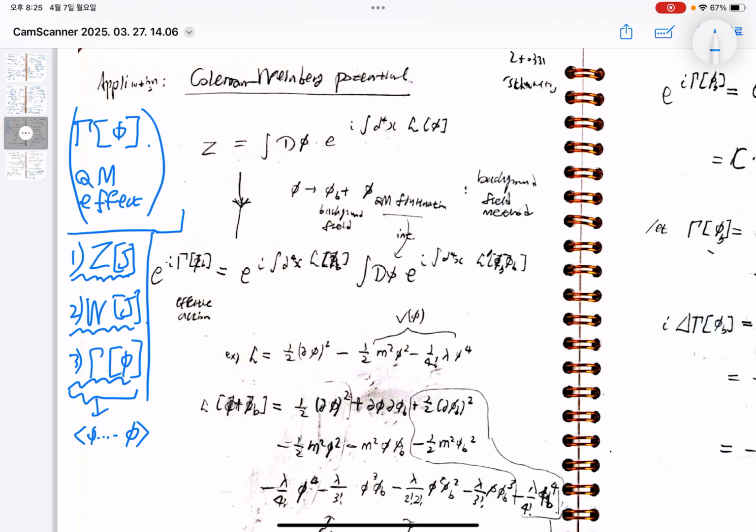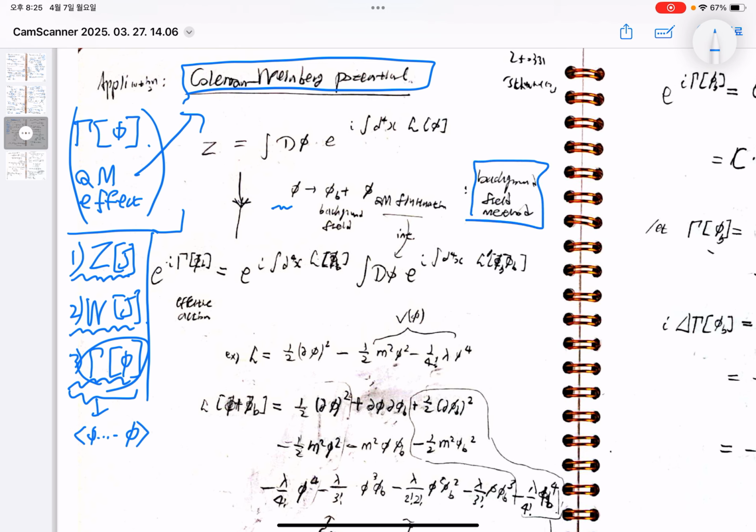And today, we'll talk about the Coleman-Weinberg potential. This effective action includes all the quantum effects, especially the 1PI diagrams. First of all, we use the background field method. We can decompose the quantum field into the background field phi_b and the quantum fluctuations phi.